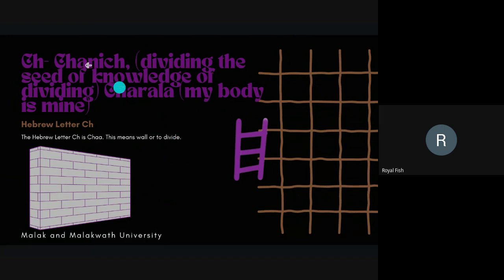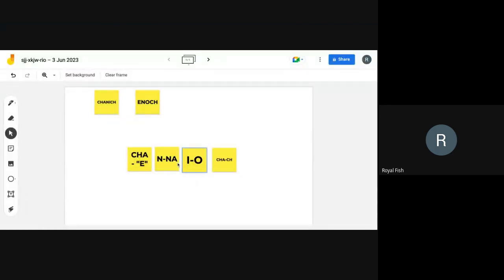Ka is to divide, obviously. The Na is the seed or to sprout, but my spirit and soul go to seed often. Then I have the I or the O, which is knowledge. And then the Ka, which is to divide once again.